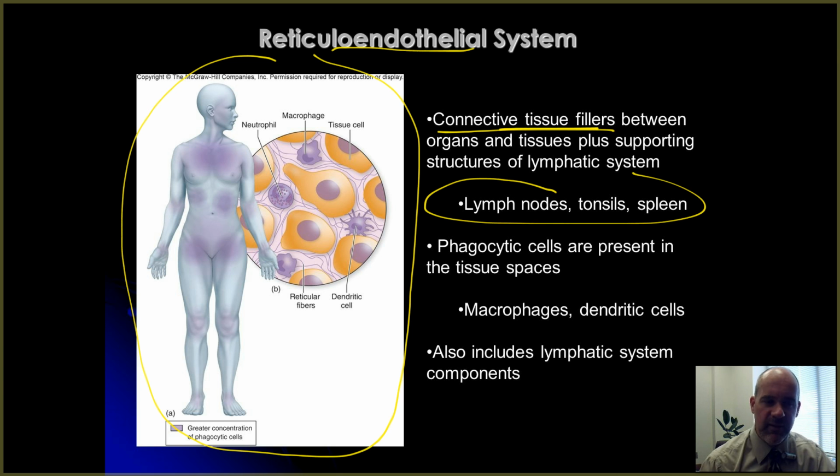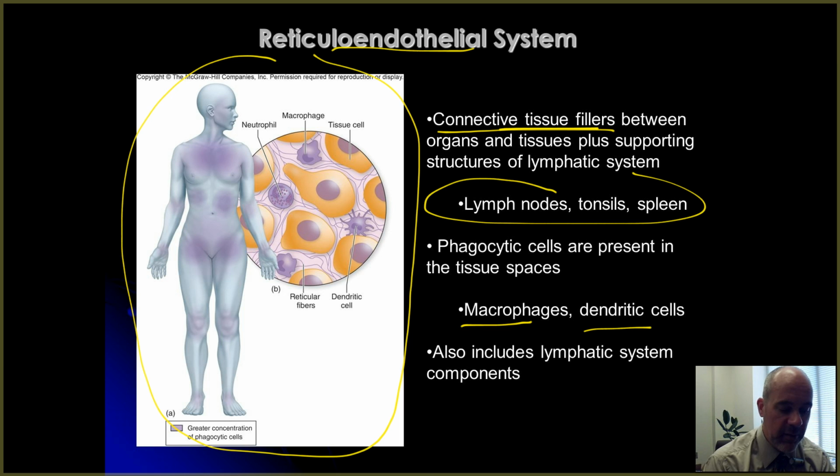You have lots of these phagocytic cells, like macrophages and dendritic cells, living in these types of tissues. They're so important, they're sometimes referred to as the reticuloendothelial system because they play such vital roles in protecting the body.